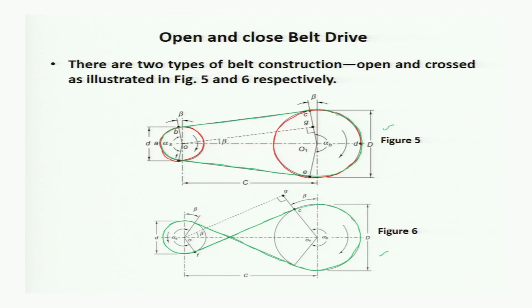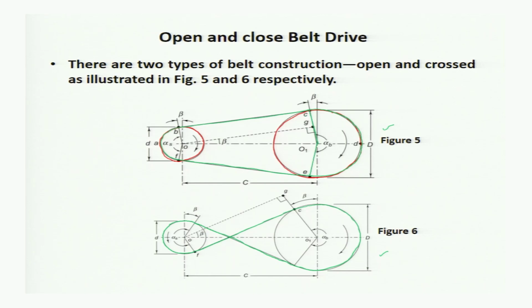Now the angle of wrap, the belt is tangent at point C on the driven pulley, and it is at E at the driven pulley. So C and E are the points of start and end of the contact of belt with the driven pulley.